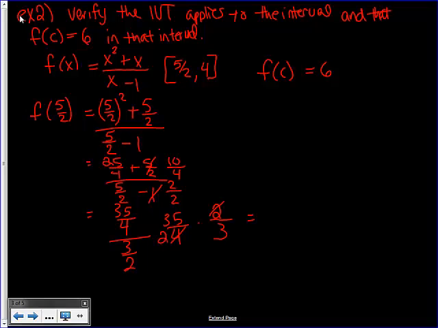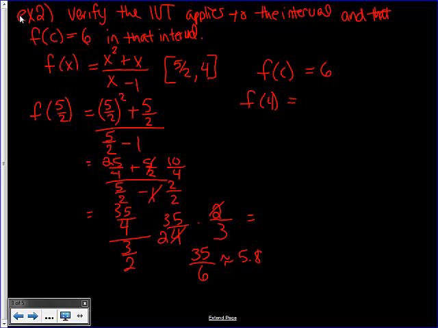So I then have 35 over 6, which roughly, if you type that into your calculator, well, 6 times 6 is 36. So that is about 5.8. So that's less than 6, right? And we want to prove that at some point my y value has to be 6.